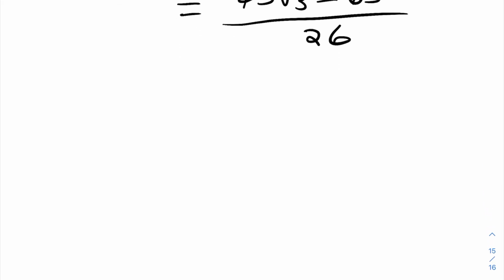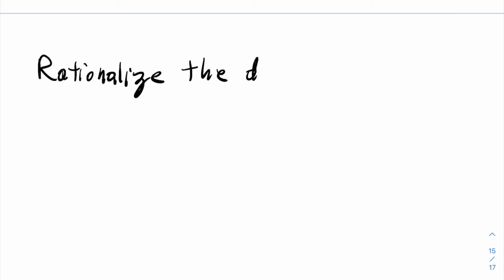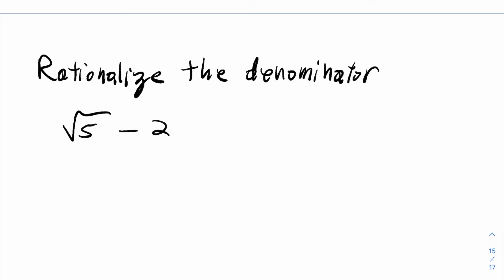Alright, let's try another one. So rationalize the denominator. And what I want to rationalize the denominator of is, let's say, the square root of 5 minus 2 over the square root of 10 minus the square root of 3.